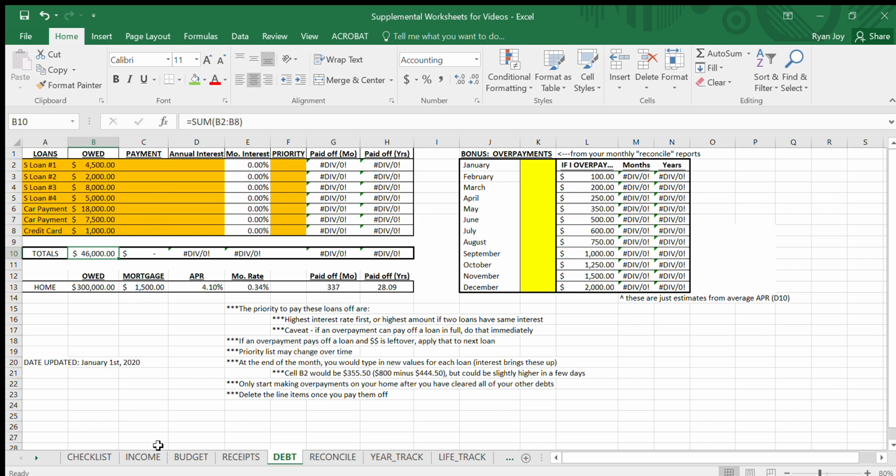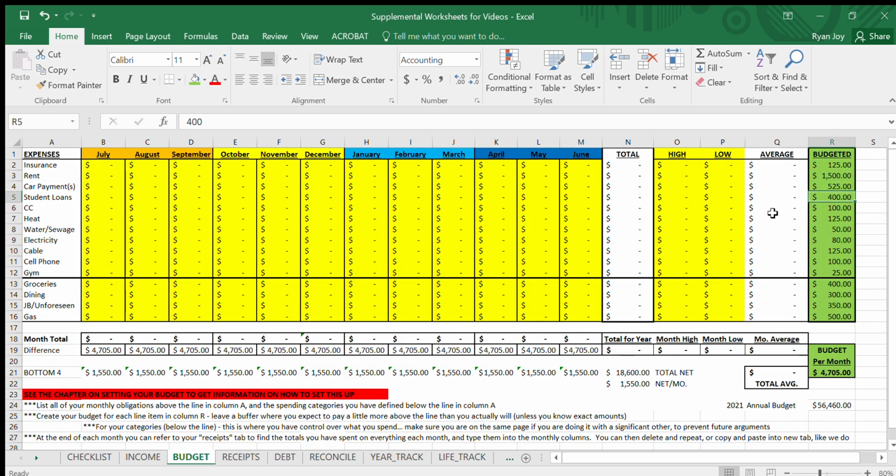So it's going to be important that you set up the payments as well, because as you see, you budgeted for 400 for student loans and 525 for the car payments.